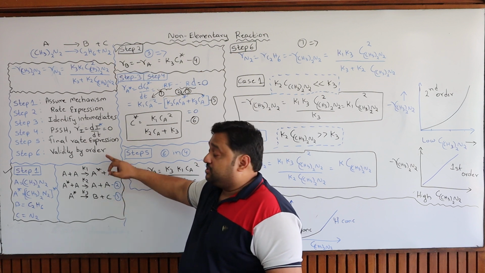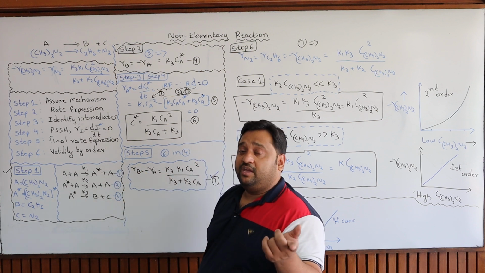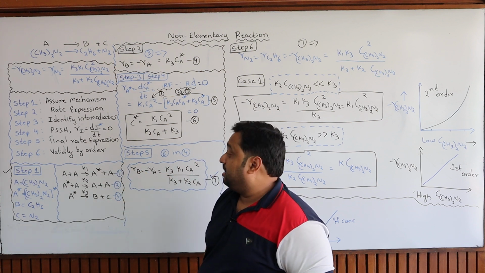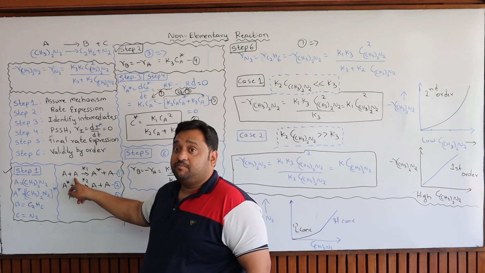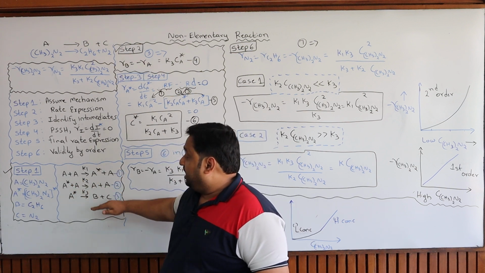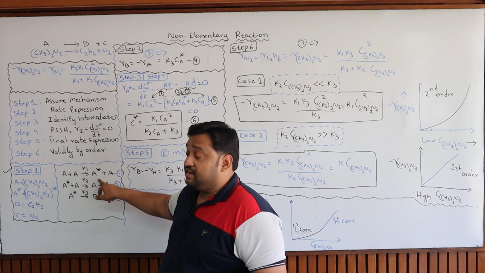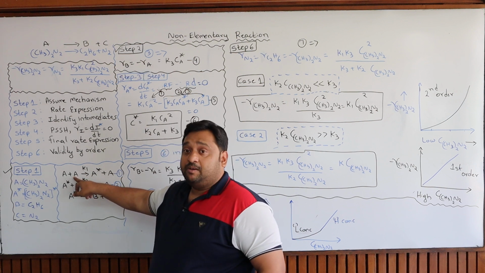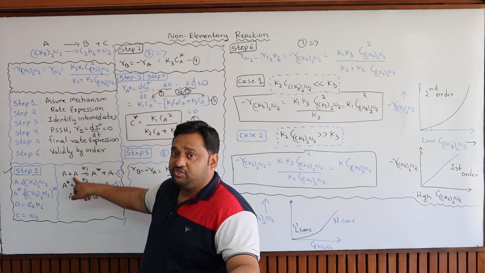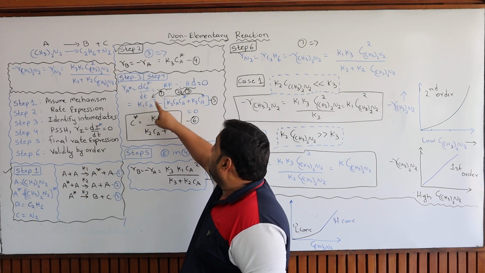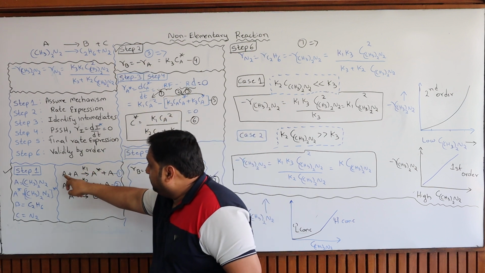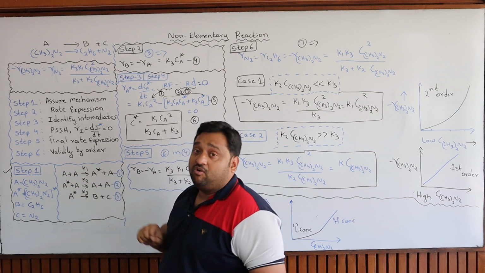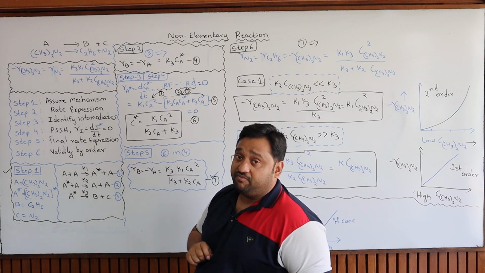In which step does the formation of the activated molecule happen? Only in the first step. You can see on the right hand side only A star appears. That means only the first step contributes to its formation, which is why it is positive. That is nothing but K1 into CA squared, the rate of formation of the activated azo-methane.